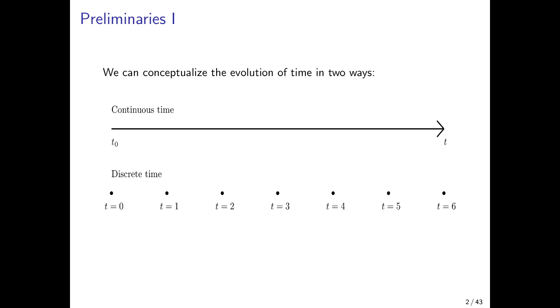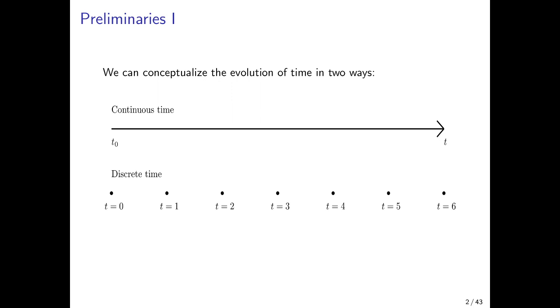However, there is a second concept, namely that we could think of time evolving discretely, and that might be better suited to situations when we have discrete time points at which we measure certain variables. So in reality, particularly with respect to macroeconomic data, we don't measure variables in a continuous way. We measure them on a yearly basis or on a quarterly basis.